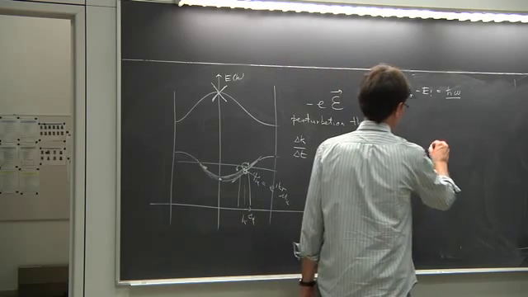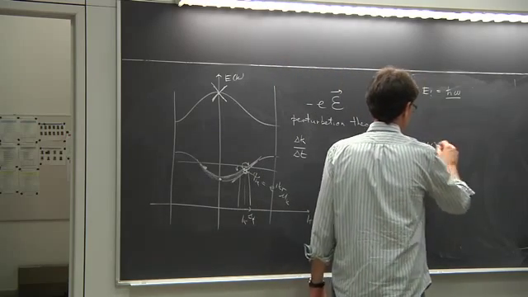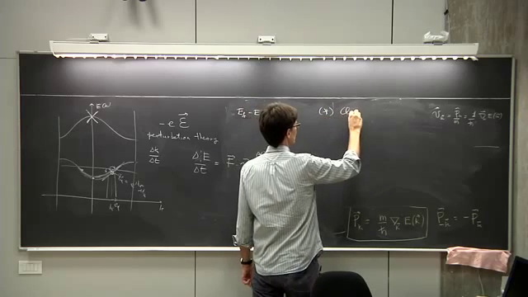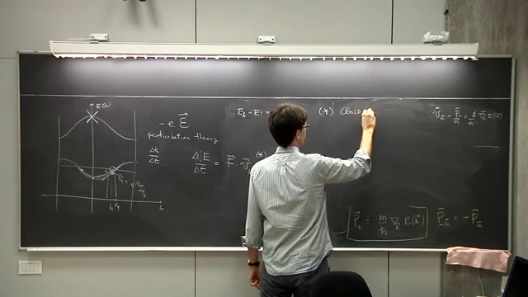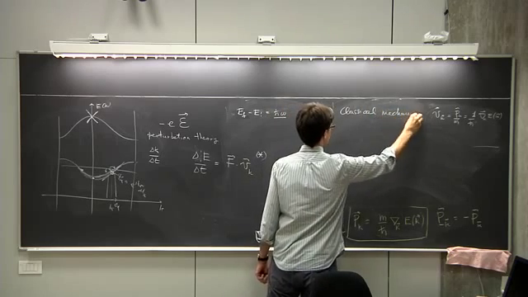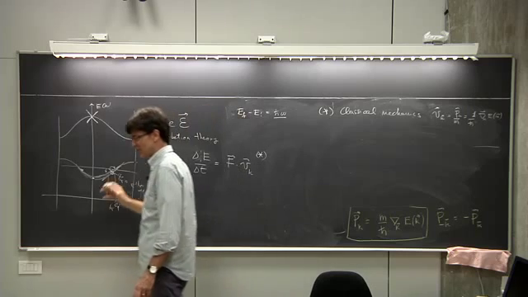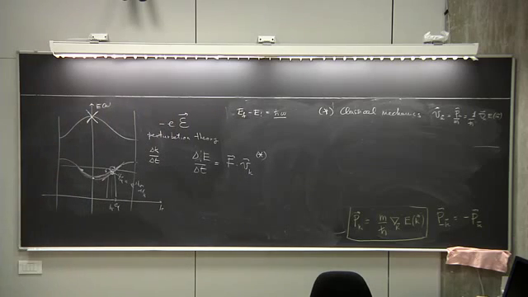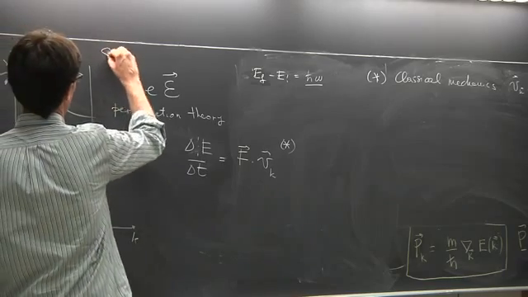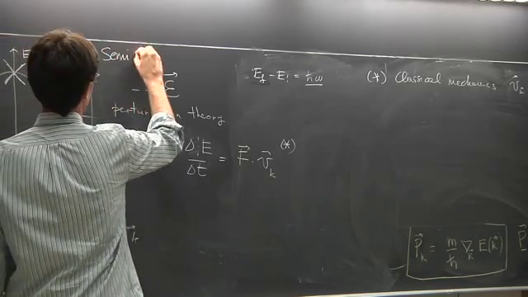I put an asterisk here because this is actually true if I assume classical mechanics, which is not entirely justified because my problem is actually a quantum mechanical problem. So this is why this theory goes under the name of semi-classical theory.